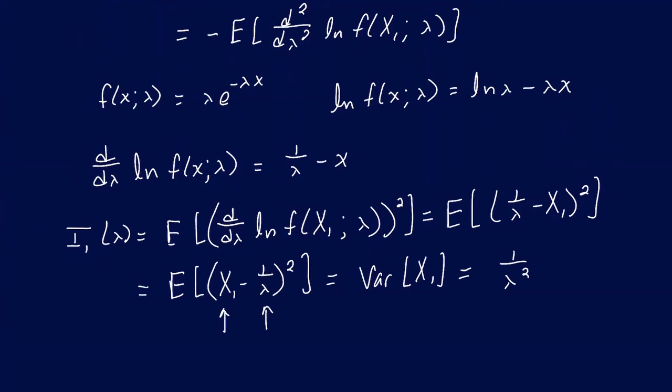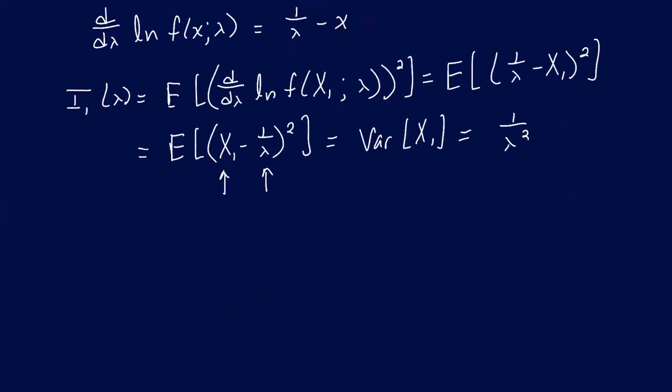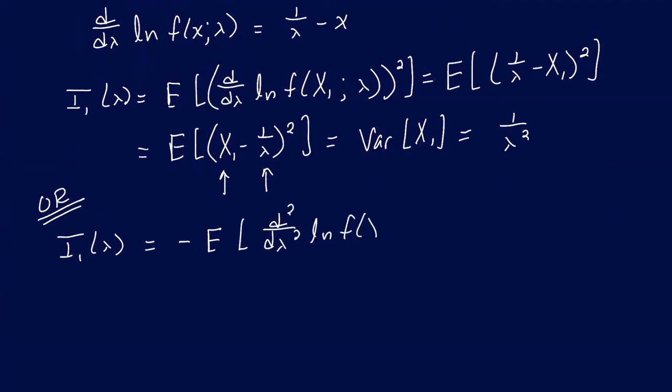So now I just wanted to quickly do the second version of Fisher information. This is the negative of the expected value of the second derivative with respect to lambda of the log of f of x1 and lambda. And here is the first derivative.